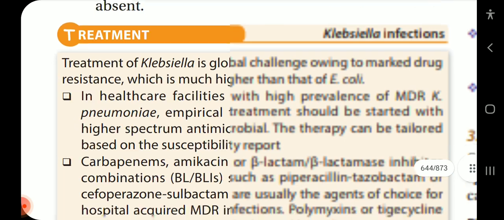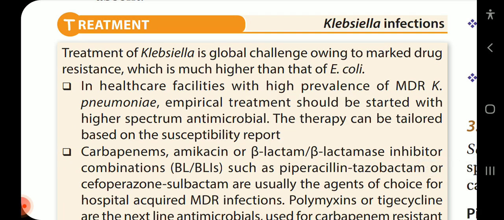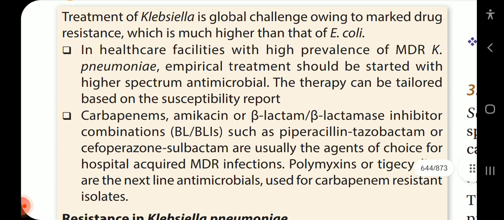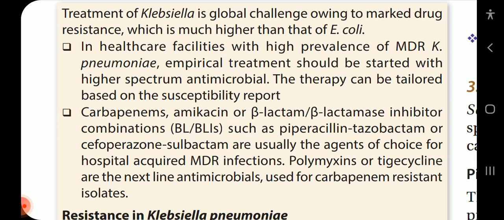Treatment of Klebsiella infections. Klebsiella is a global challenge owing to the marked drug resistance, which is much higher than that of E. coli. In healthcare facilities with high prevalence of MDR Klebsiella pneumoniae, empirical treatment should be started with a higher spectrum antimicrobial. The therapy can be tailored based upon the susceptibility report.